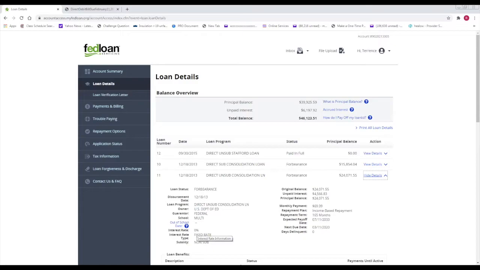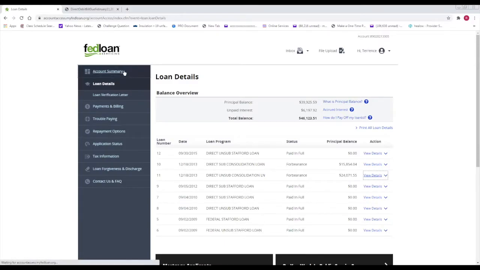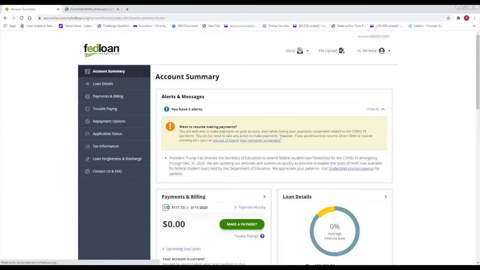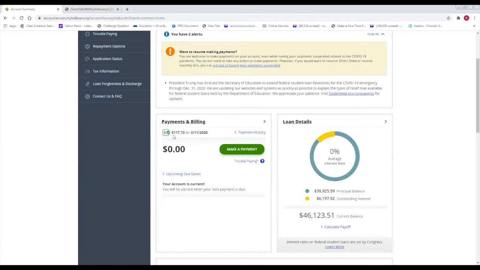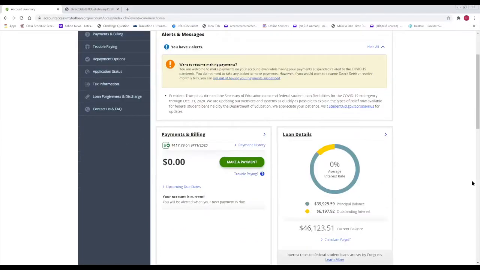So that's how I wanted to give you a more realistic example. I'm going to see if I can show you all one more thing while I'm in here. My current payment is 117.73 on both of those loans. When you go into repayment, depending on who your loan servicer is, this is how your account will look.